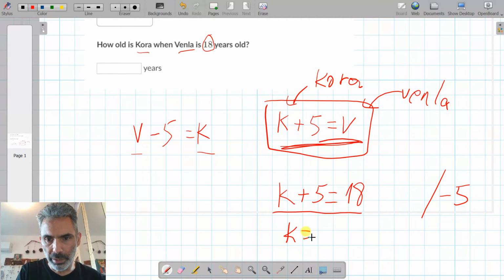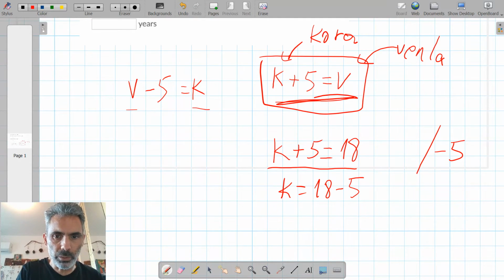So on the left hand side, I'm left with K, because K plus 5 minus 5 is K. And on the right hand side, I have 18 minus 5, which is 13. So K equals 13.